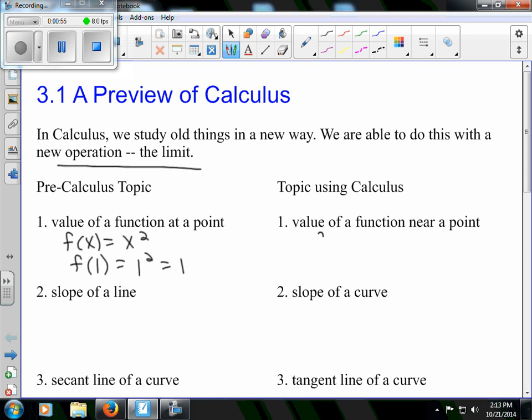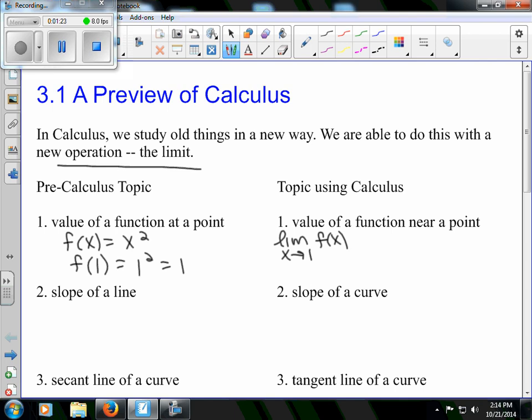I want to know what happens at the function f of x near x equals 1. And so this will be a limit as x approaches 1. This is the notation we're going to use. And we're going to talk about each of these topics in detail, so you don't have to know the detail of the topic now. This is just a preview.